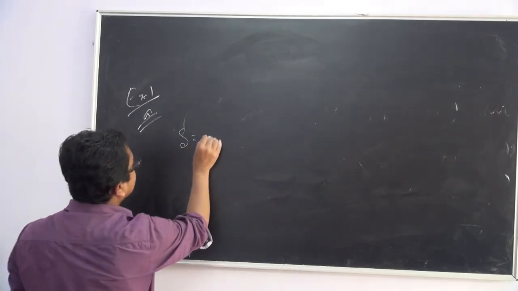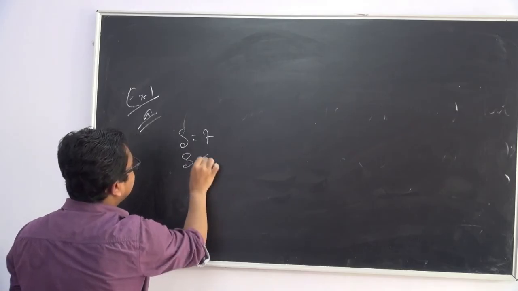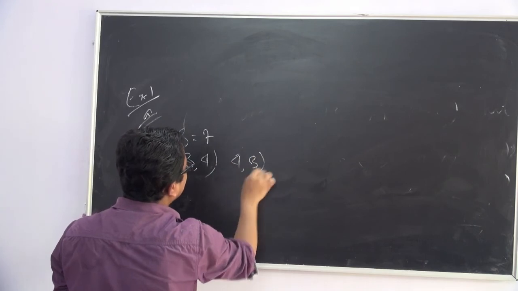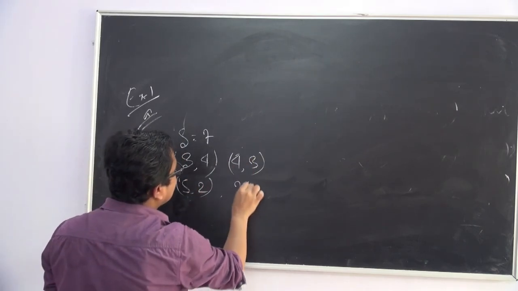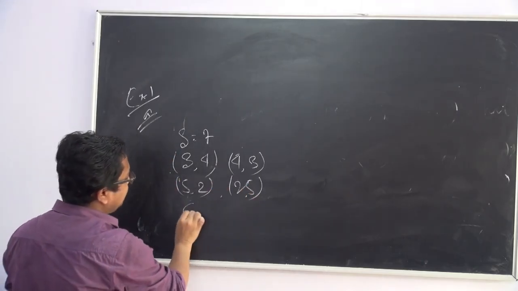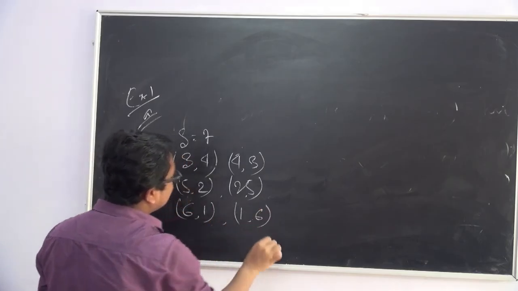So for S is equal to 7, what are those? 3 4, 4 3, 5 2, 2 5, 6 1, 1 6.